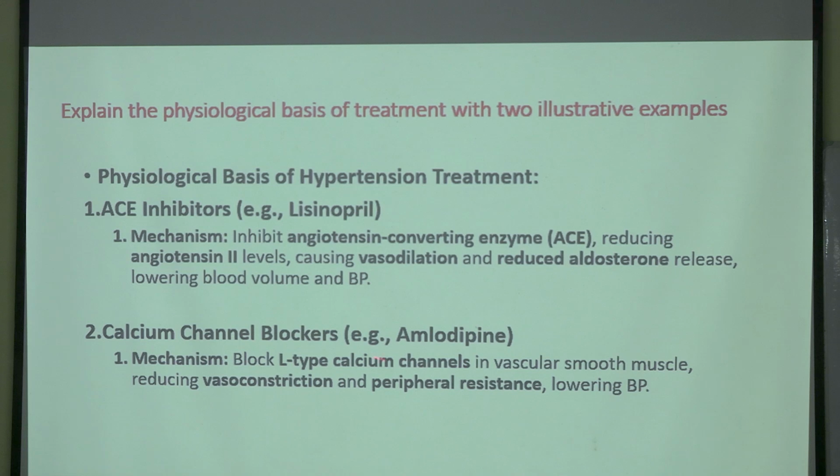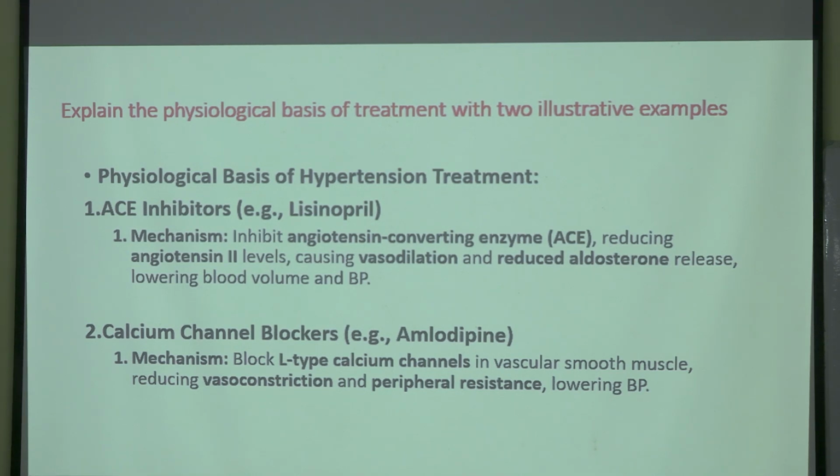These L-type calcium channels are basically present on the surface of vascular smooth muscles, right? So the presence of these calcium channel blockers reduces the vasoconstrictions. So it means it promotes the dilatations, and also it reduces the peripheral resistance.